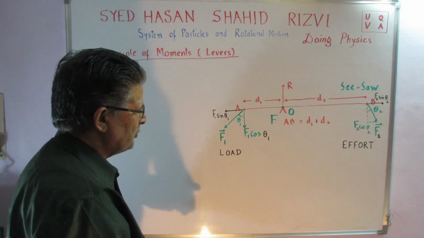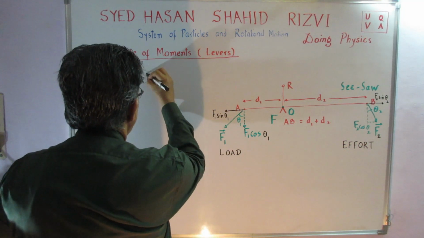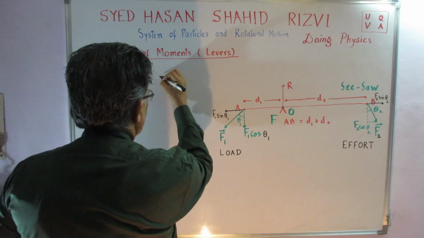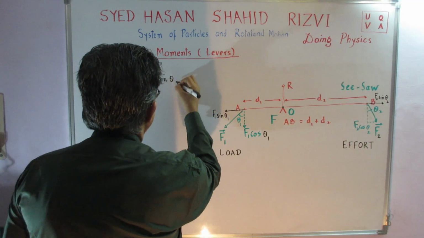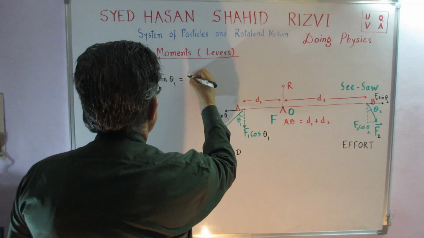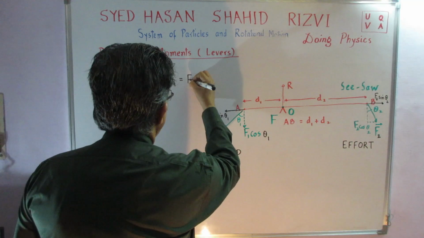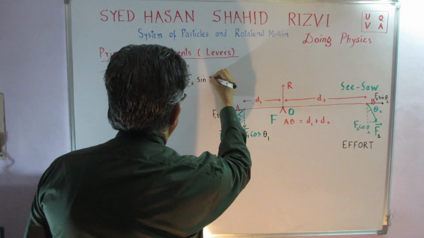So what basically should be there is that F1 sine of theta 1 should be equal to, being opposite and cancel out, F2 sine of theta 2.